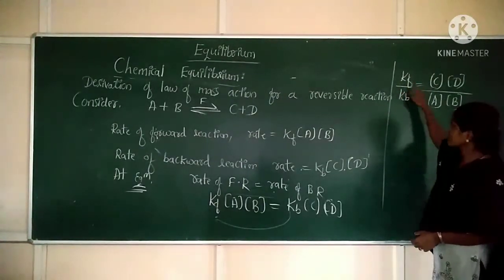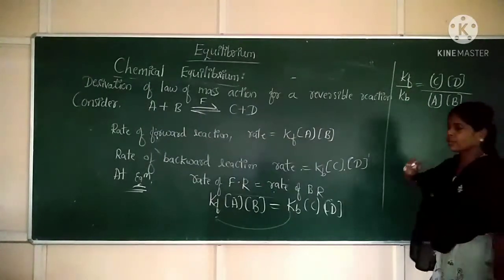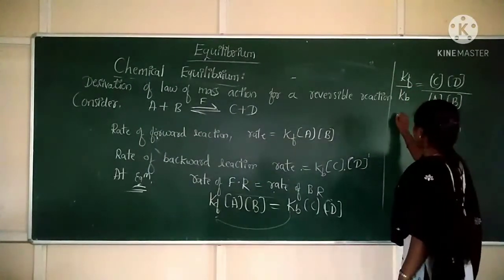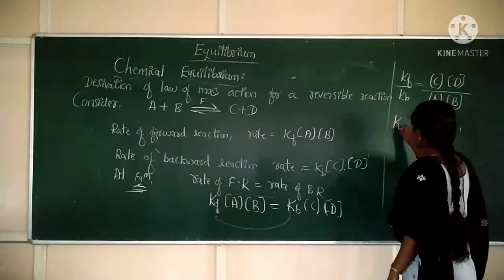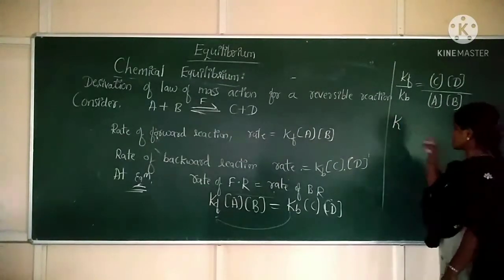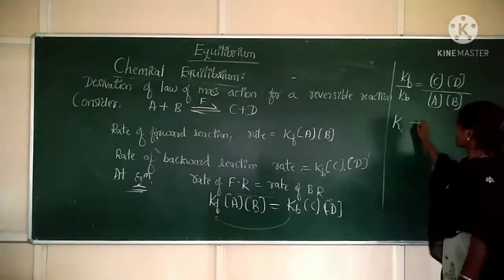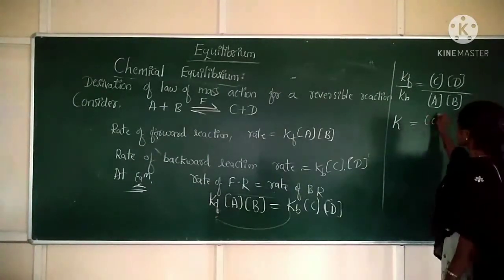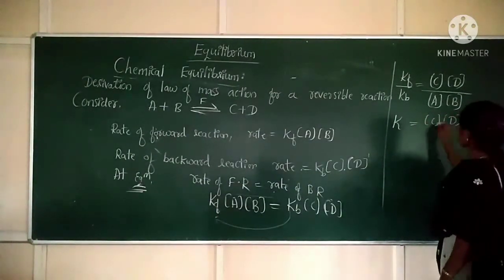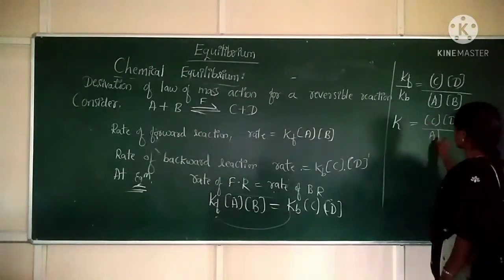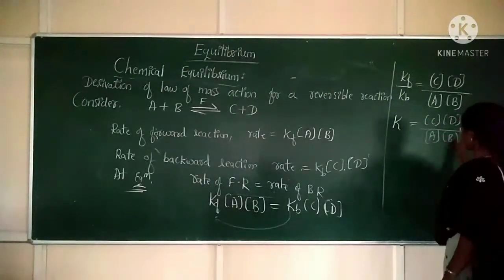The forward reaction constant. What is KB? The backward reaction constant. Now KF divided by KB can be replaced by K, or you can write KC, or just write K. K equals the concentration of C into the concentration of D divided by the concentration of A into the concentration of B.